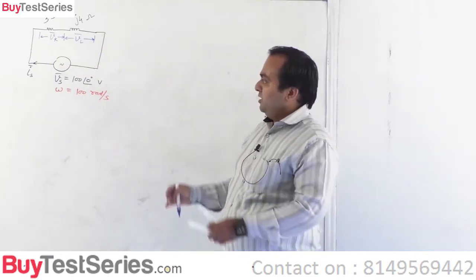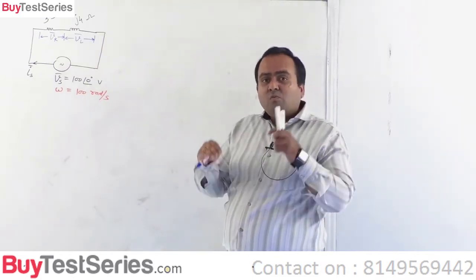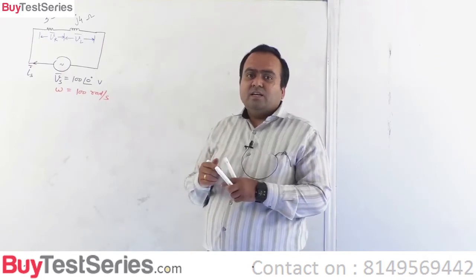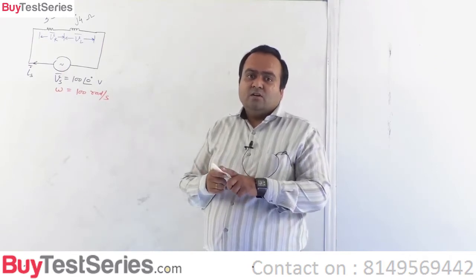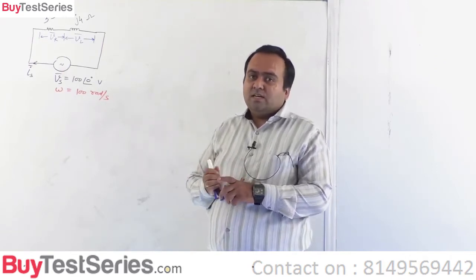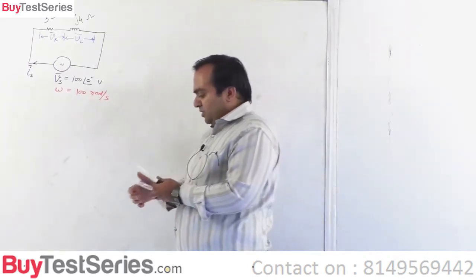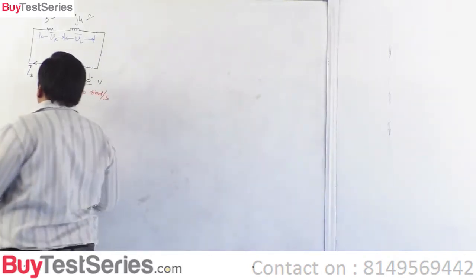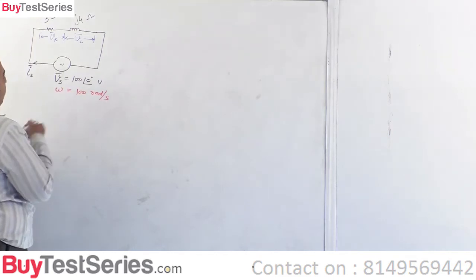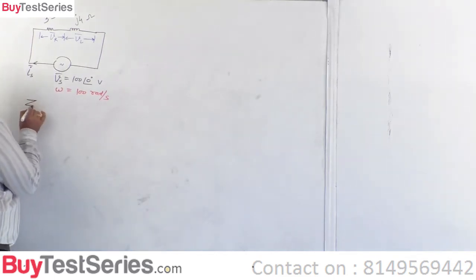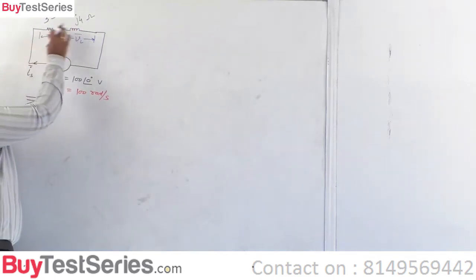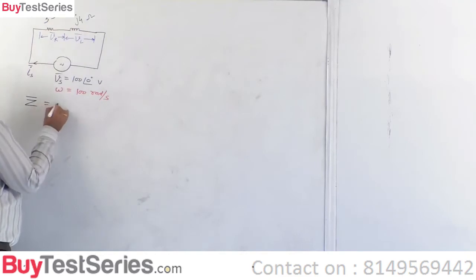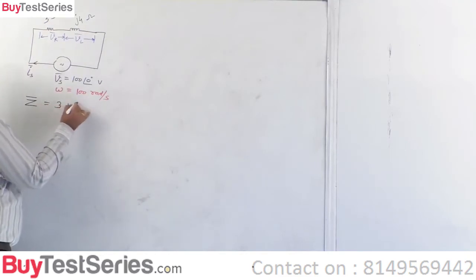Now how does the calculation proceed? What are all the possibilities that we can take for this particular circuit? Now see, first of all, if you see the impedance Z, this is the total impedance. Total impedance is a complex number 3 plus J4 ohms.